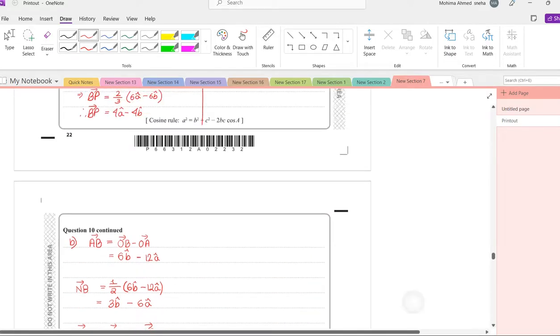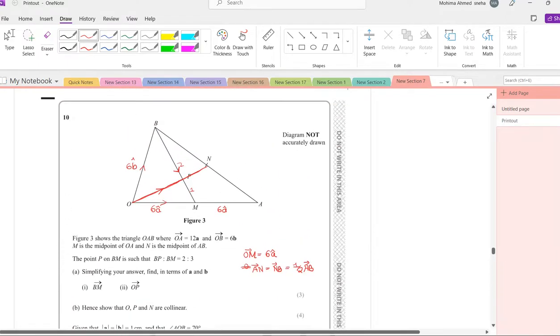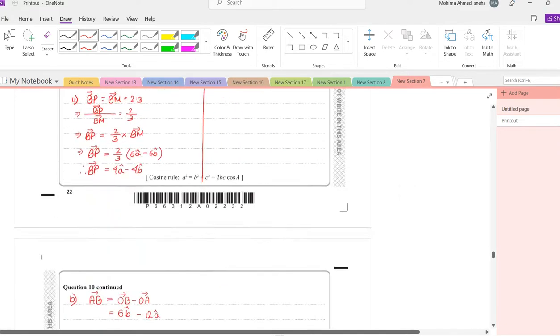Now we need to find the value for PN, that is this portion PN, and in order to find the value for PN, we have BP and NB. Now you can just simply find the value for PN. For PN, we are focusing on the triangle BPN, and we can see that BP and PN go in the same direction, and we're going to consider BN instead of NB.